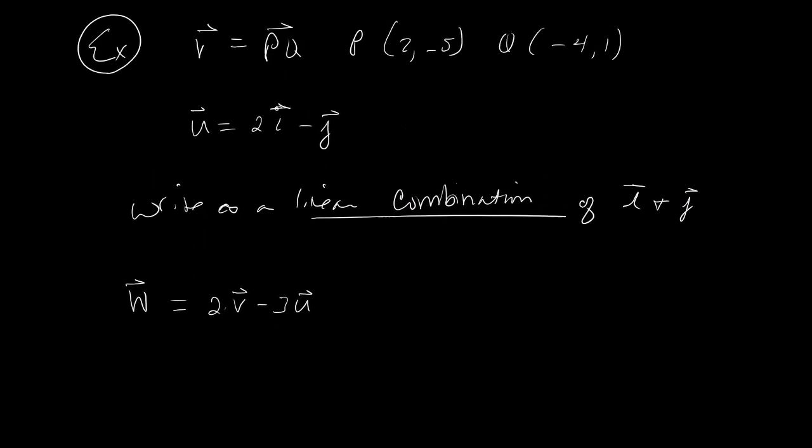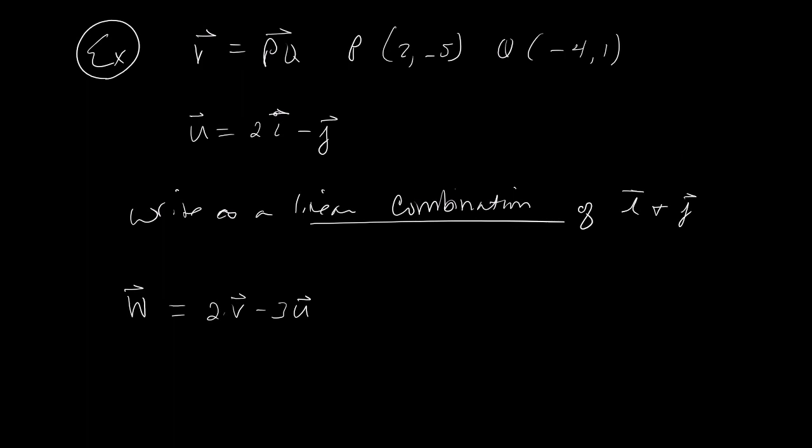Let's take a look here. v was not given to us in component form or as a linear combination of i and j, so we need to do something to come up with that. v was PQ, so let's write that in its component form.